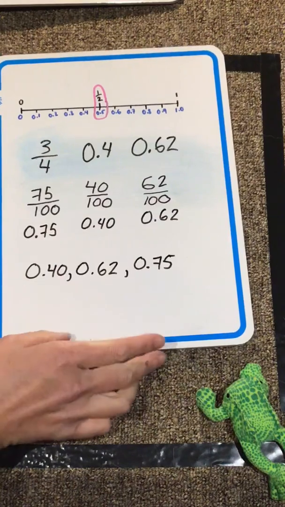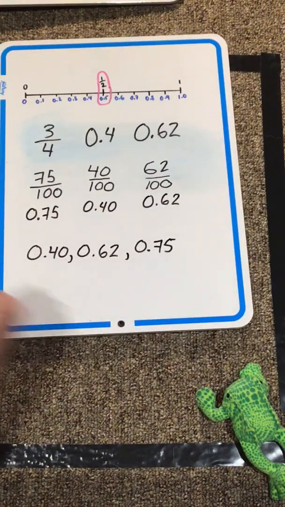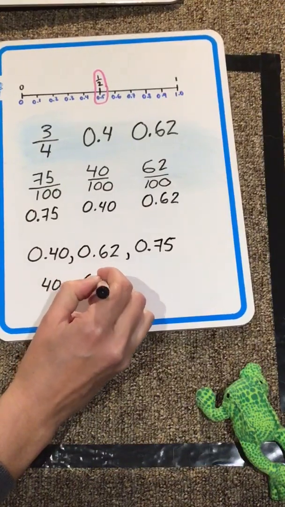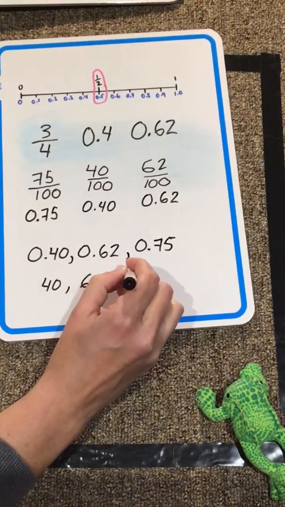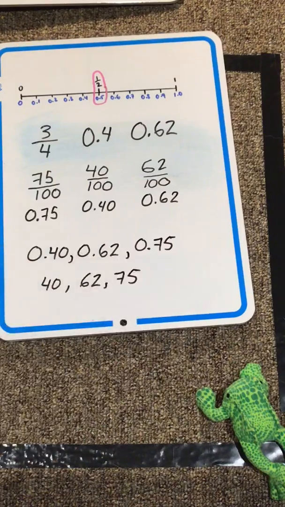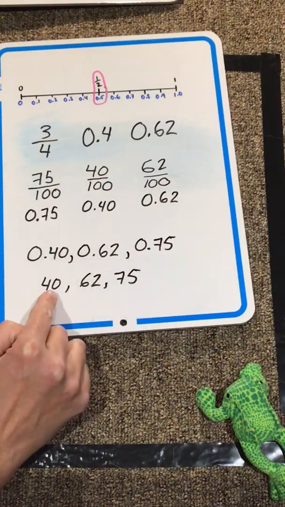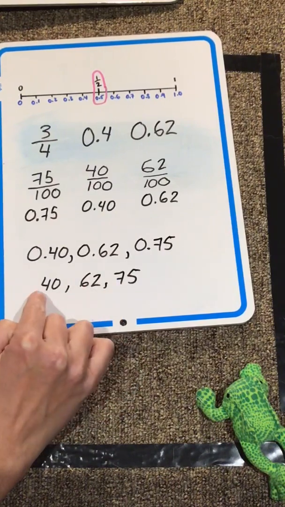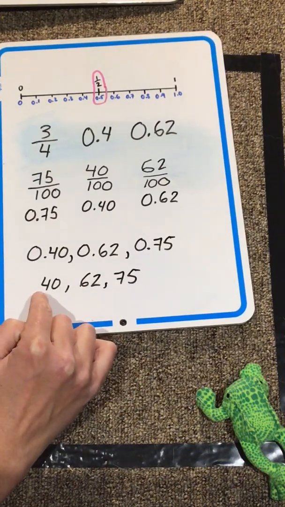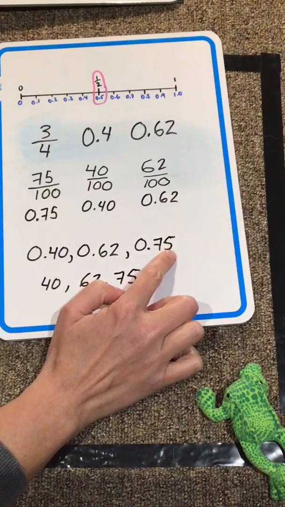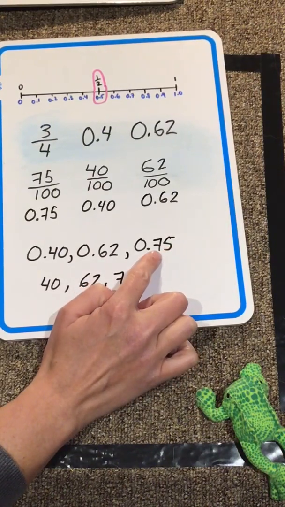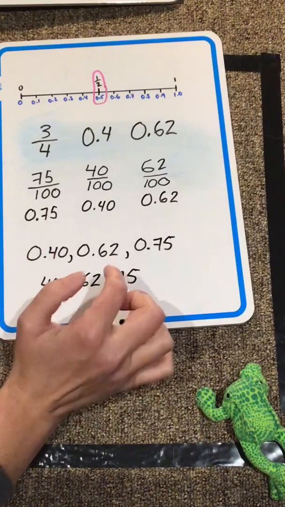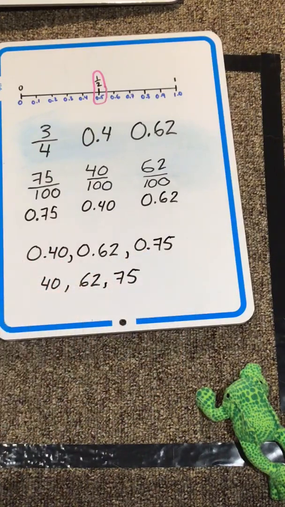Hopefully that makes sense, because it's kind of like comparing 40, 62, and 75 to see which number would be bigger, right? We don't just look at what number's in the ones column, we look at which number is in the tens column to help us know which number is bigger. So just like here, we can look in the hundredths column, but the tenths column, any number that's to the left is going to help us show that that's bigger, right?